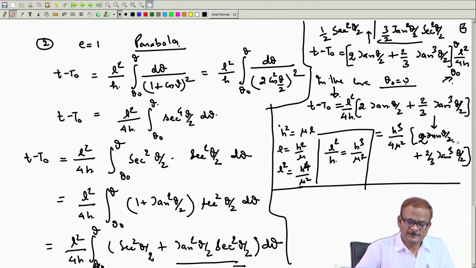So, this way we have been able to very simply solve this for the parabola. We will do it for the parabola, and then we will do it for the ellipse and also for the hyperbola.